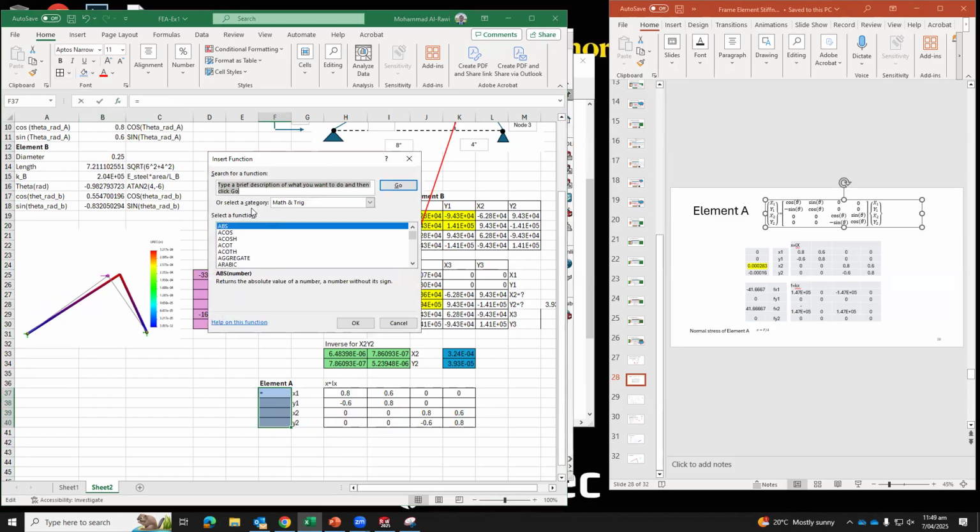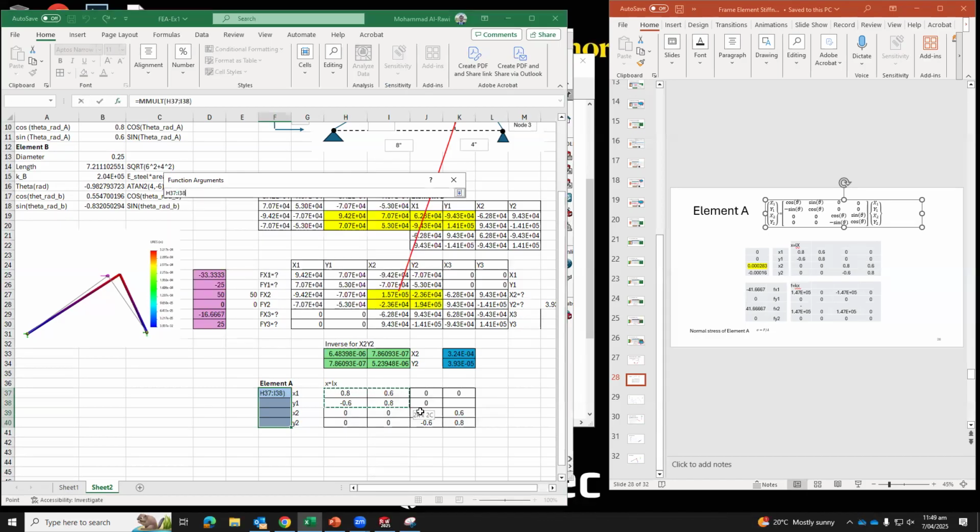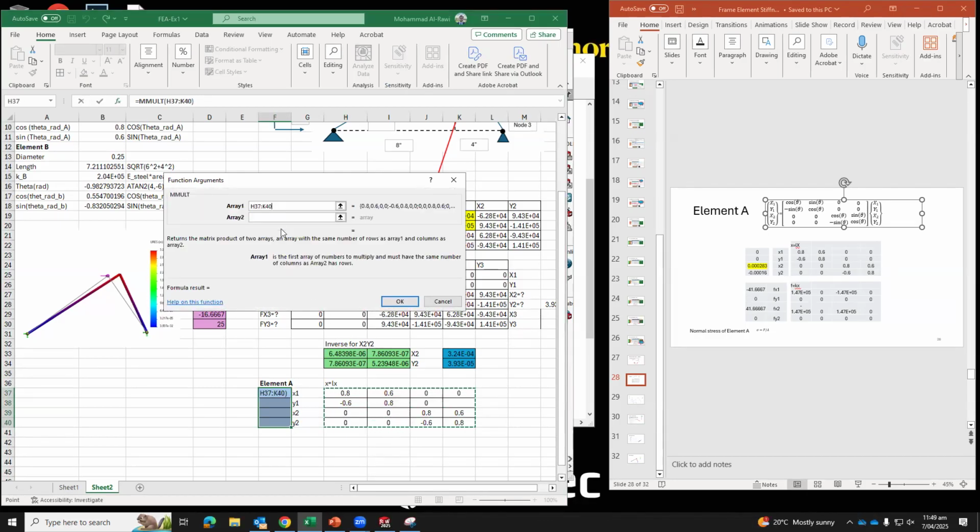From function, we use math and tricks, right? And we have the MMULT. We'll access which arrays you want to choose. So the first one I choose for it is this. Array 2, what do we choose for array 2?